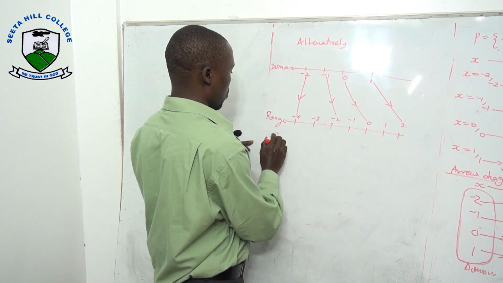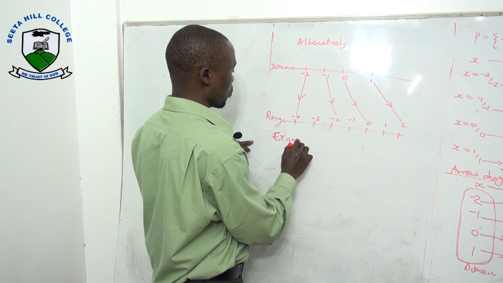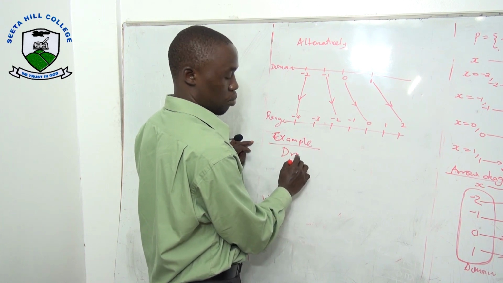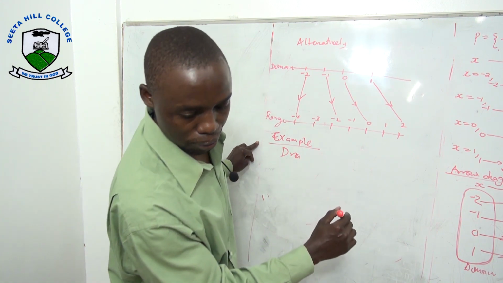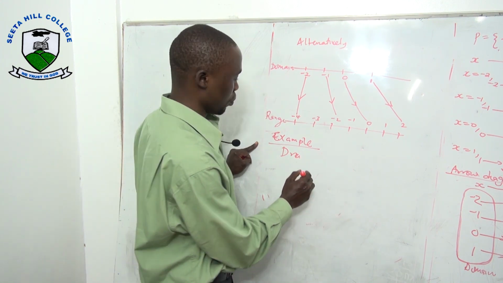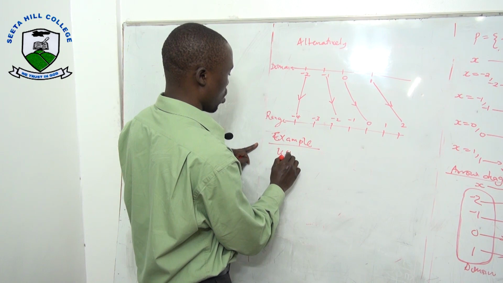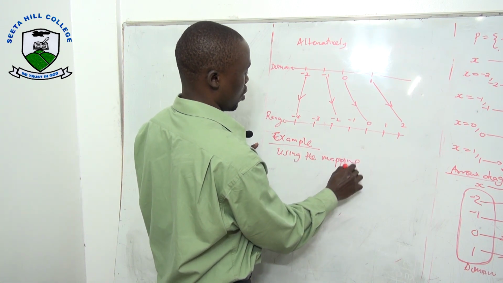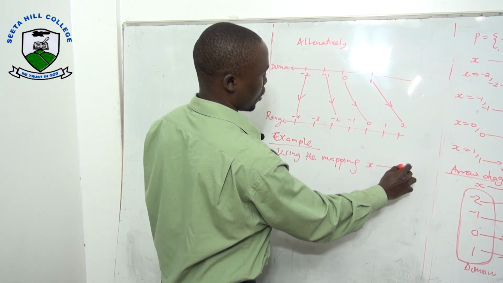This is example 3. Who is warming up? All of you? The mapping x gives x squared.